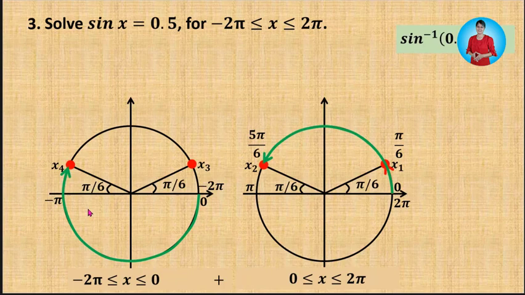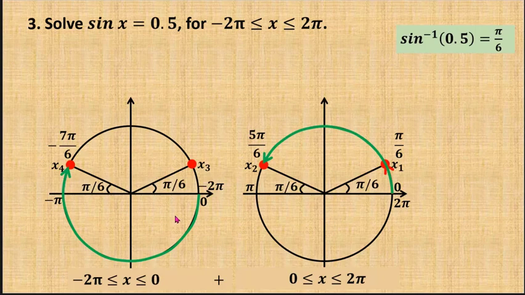The value is obtained by using the value of pi plus pi over 6, but the overall answer should be negative because it is a negative angle. So, it is equal to negative 7 pi over 6.